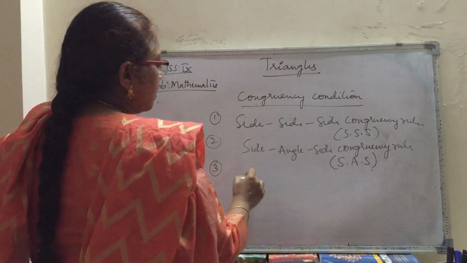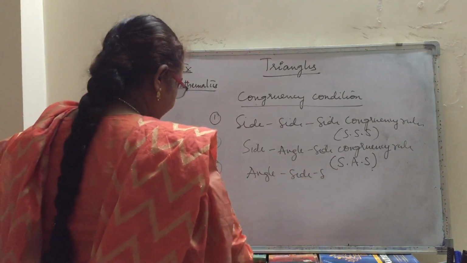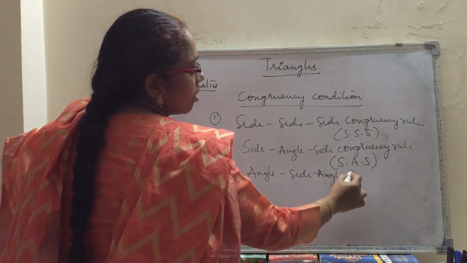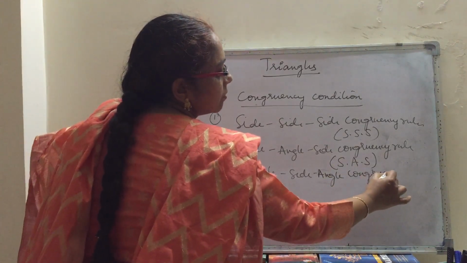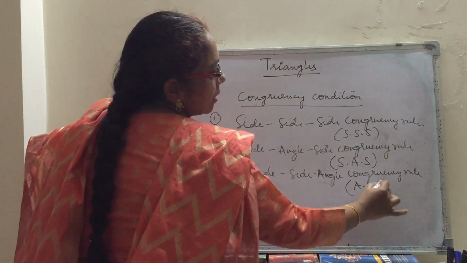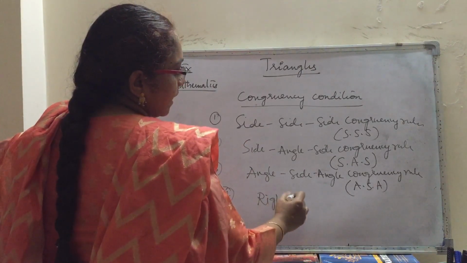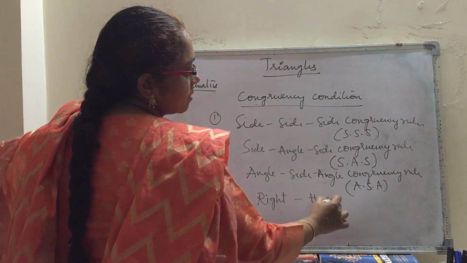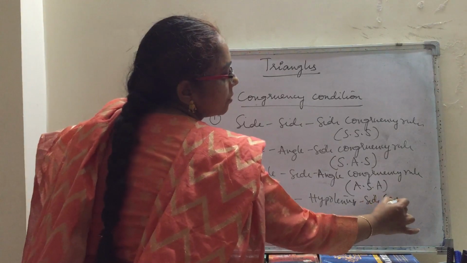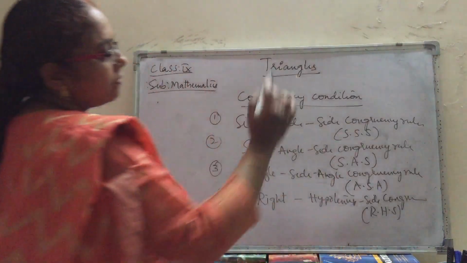And the third one, angle side angle congruency rule. Simply ASA congruency rule. And the fourth one is right angle, hypotenuse and side congruency rule. And simply you can say RHS congruency rule.